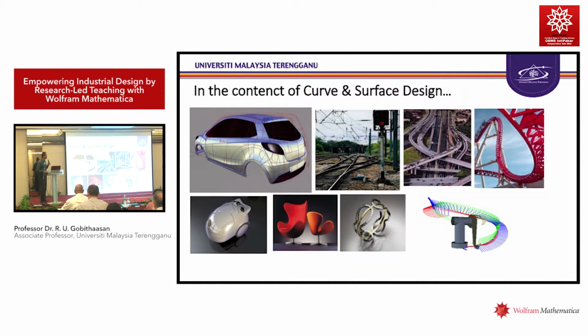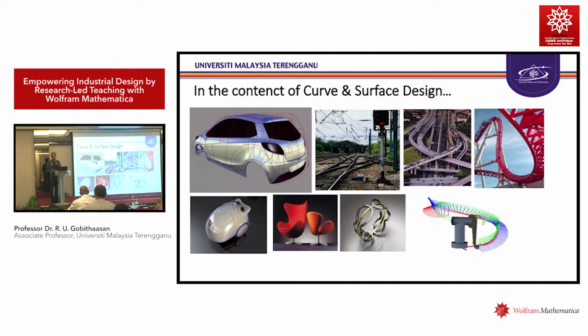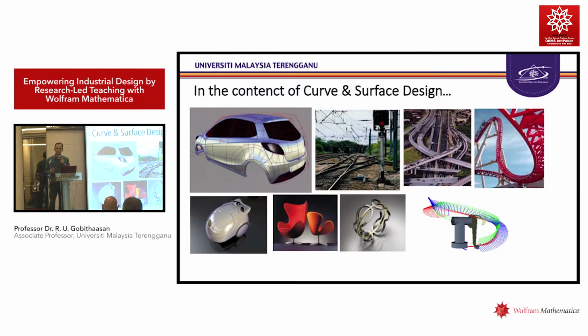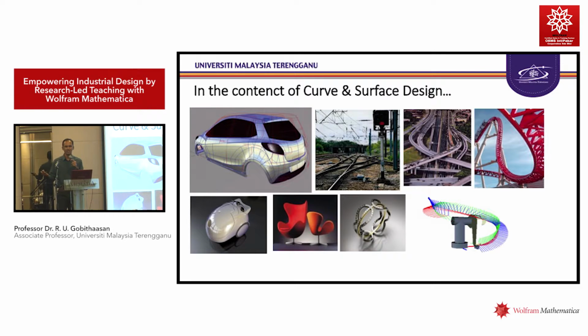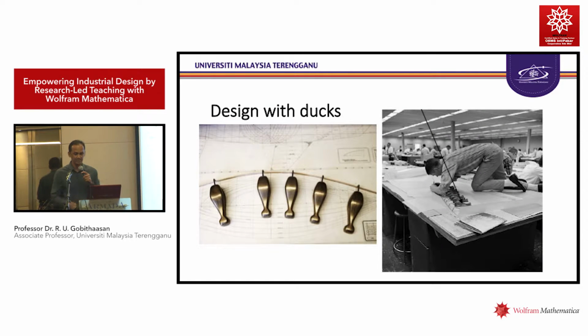Examples of applications: car design, electrical appliances, furniture, jewelry, railway tracks, highways, roller coasters, even robot trajectory design, how a robot is supposed to move along a path, right? These are high quality curves. You cannot simply use any kind of curve for this type of application.